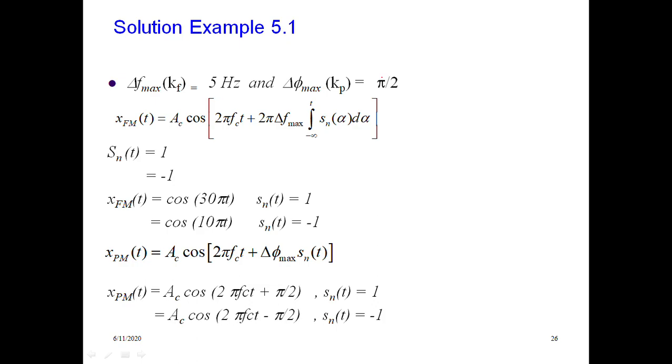And this one is pi over 2, the maximum phase deviation. So the maximum pi over 2 will represent the maximum value of the modulating signal.